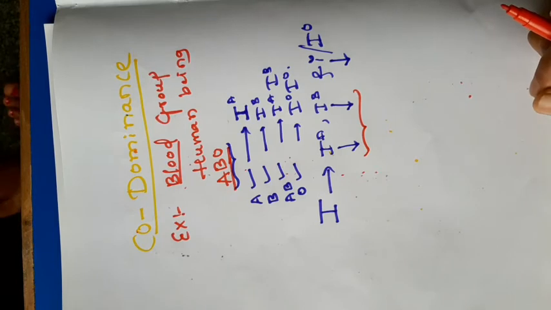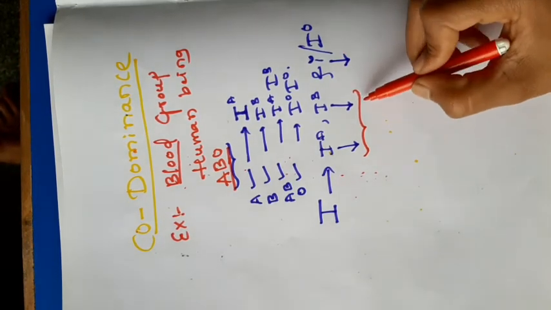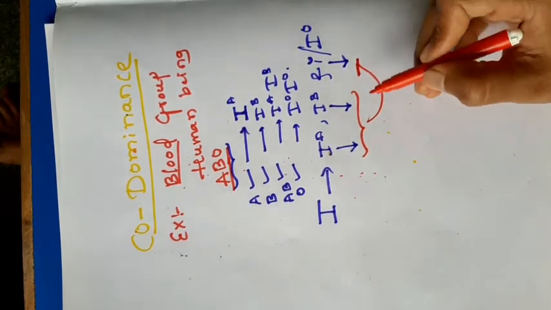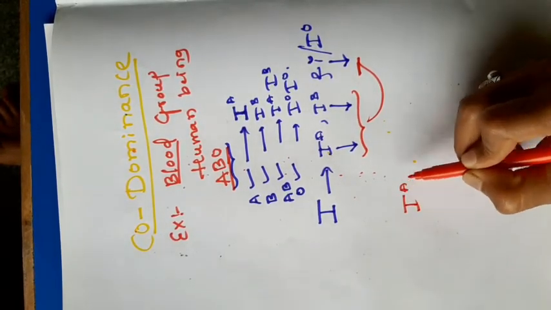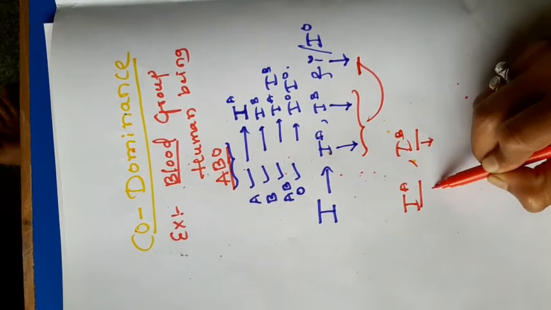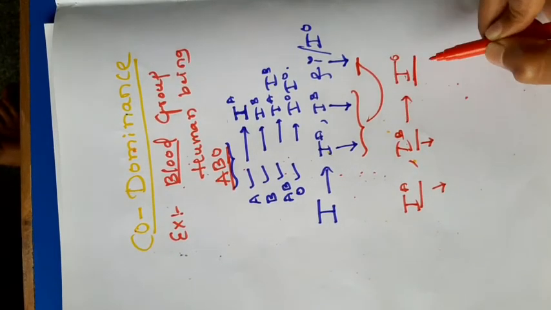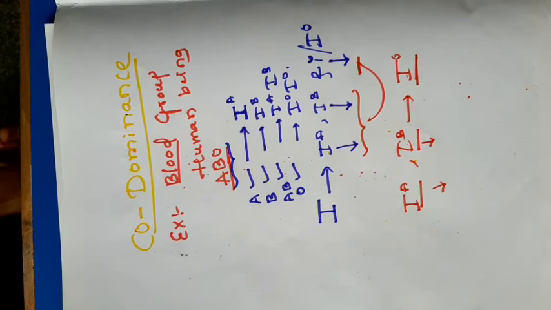IA and IB are completely dominant over IO, because this gene does not produce any sugar molecule. Sugar molecule content is completely absent, but IA and IB genes produce the different sugars independently.